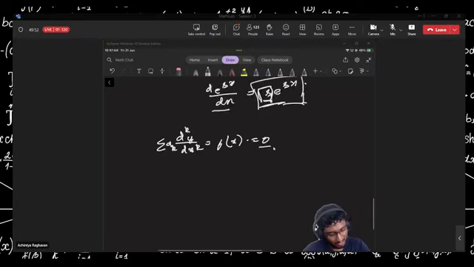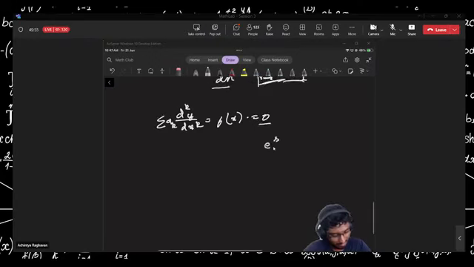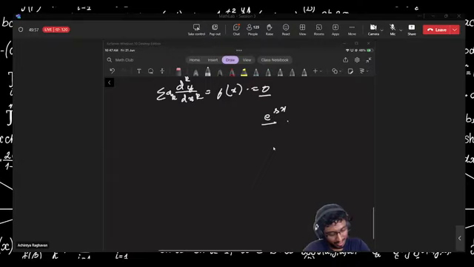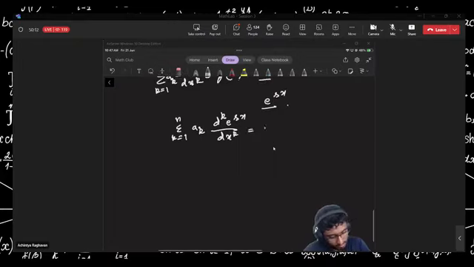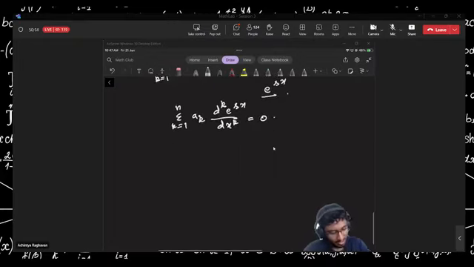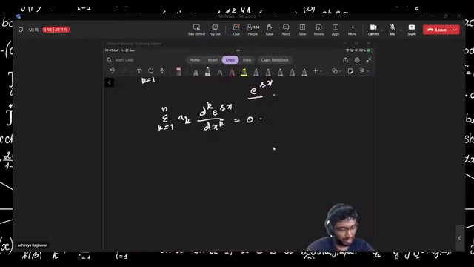And let's see what happens if we substitute e power sx as a solution. We get the sum from k equal to 1 to n of a_k d^k e power sx by dx^k equal to 0.